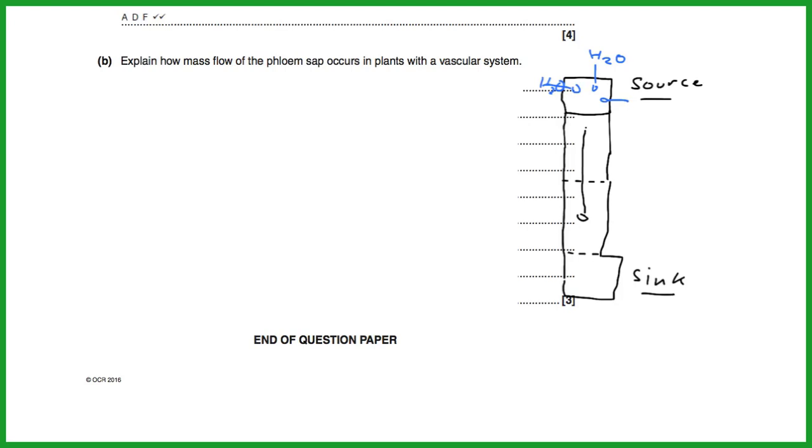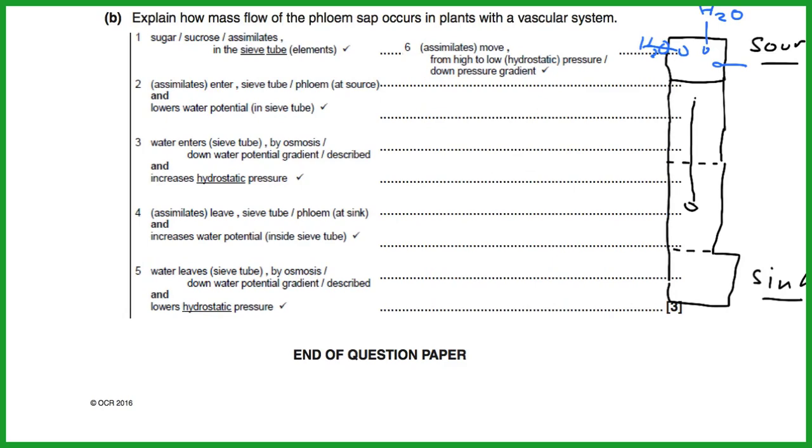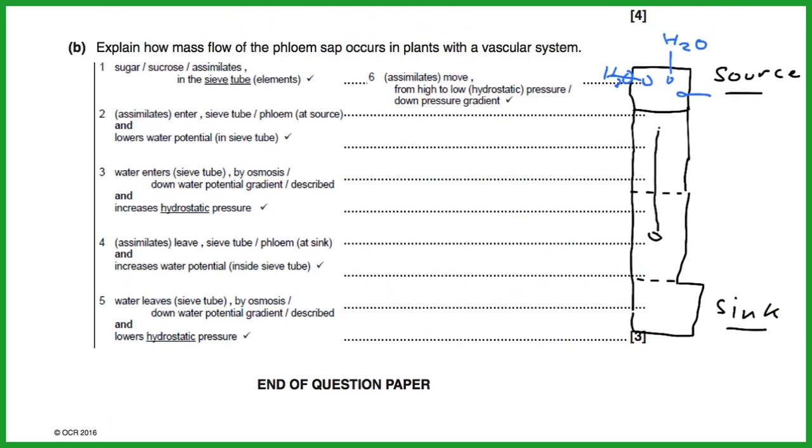Now all those points you could have raised in your answer. So what they were looking for was that the sugar or sucrose or the products of photosynthesis are in the sieve tube elements, that they enter at the source, and that lowers the water potential, makes it more negative because you've got more sugars.